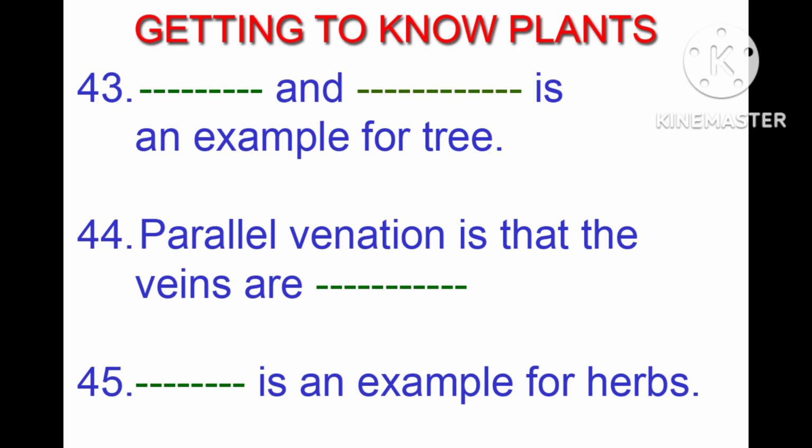Dash and dash are examples for tree. The answer is neem tree and coconut tree. 44. Parallel venation is that the veins are parallel. Parallel is the answer. 45th. Dash is an example for herbs. The answer is mint.